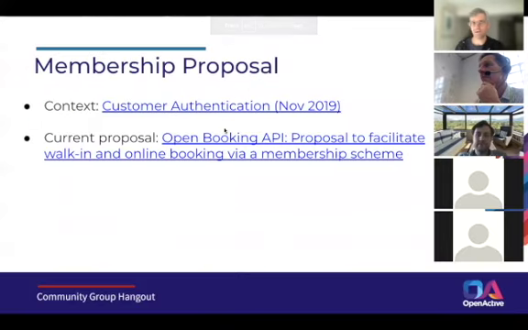So yes, as reviewed previously, the membership proposal's been under development for some time, starting off as a long GitHub issue. Nick has worked this up into a more coherent proposal, which is a fairly complex one.